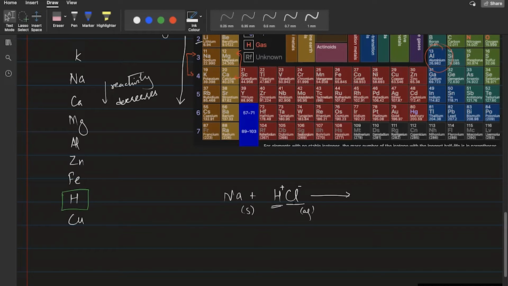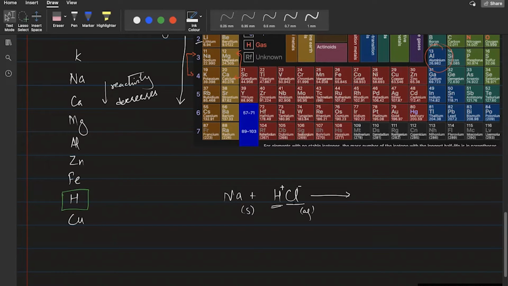And ions are more stable. So sodium loves to become sodium ion. And there is an opportunity here. Hydrogen ion can be converted back to hydrogen gas. Why? Because sodium is going to lose electrons and hydrogen is going to gain. Why? Because hydrogen is less reactive.